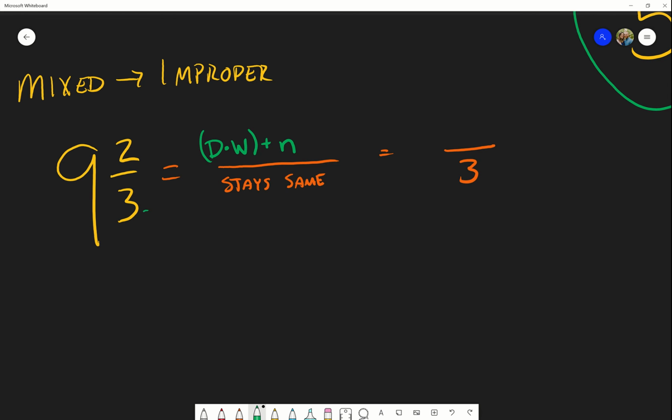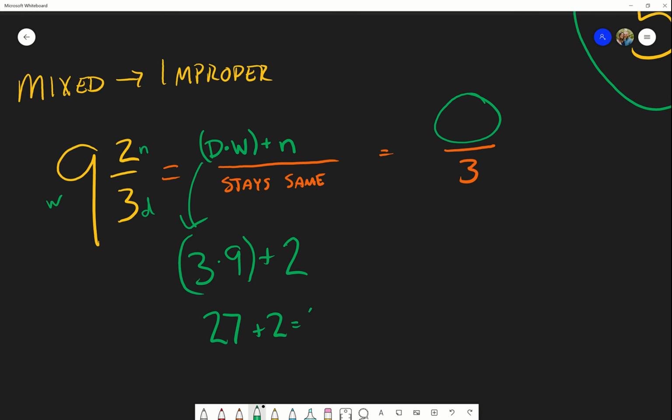So we do our denominator times our whole number and add that to our numerator, and that gives us our new numerator. So this formula gives me denominator's 3 times whole number's 9 plus my numerator is 2. So 3 times 9, 27, plus 2 equals 29. And this becomes my new numerator.